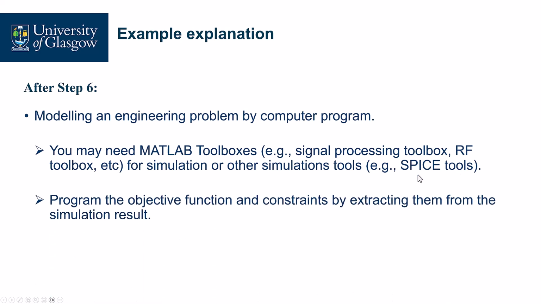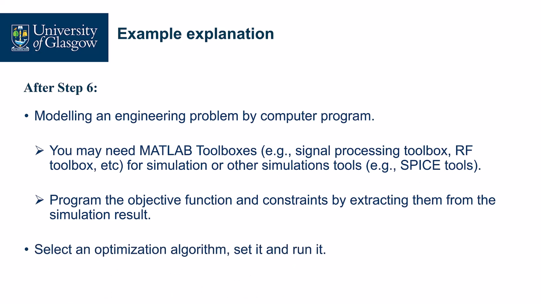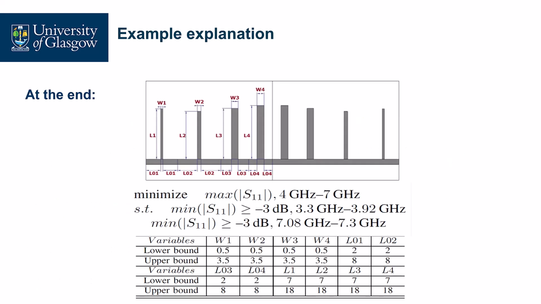Then you need to program the objective function and the constraints, extracting necessary information from the simulation result. Then you can select an optimization algorithm, write it, and get the optimization result. Then you need to analyze the result and provide the designer the outcome, right?